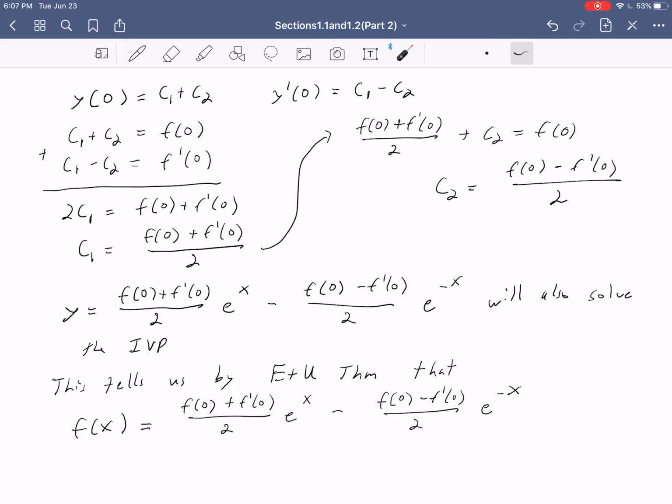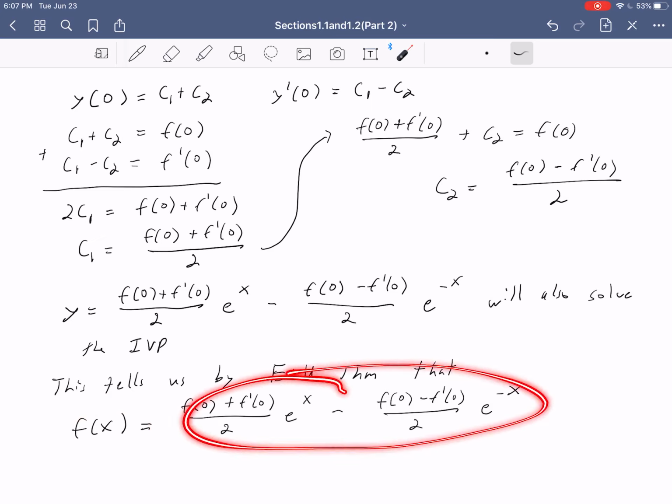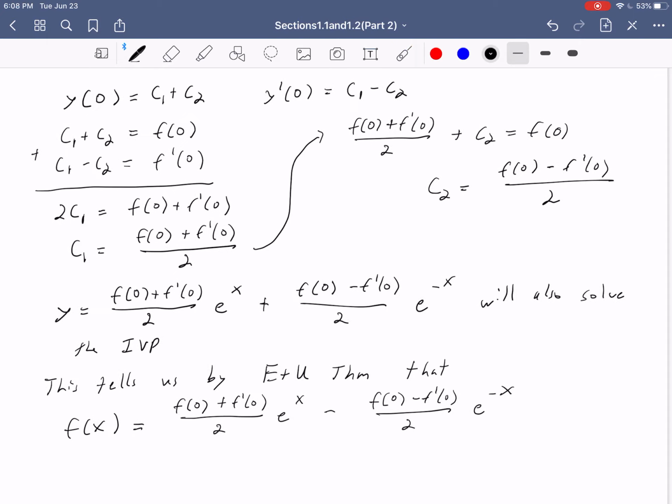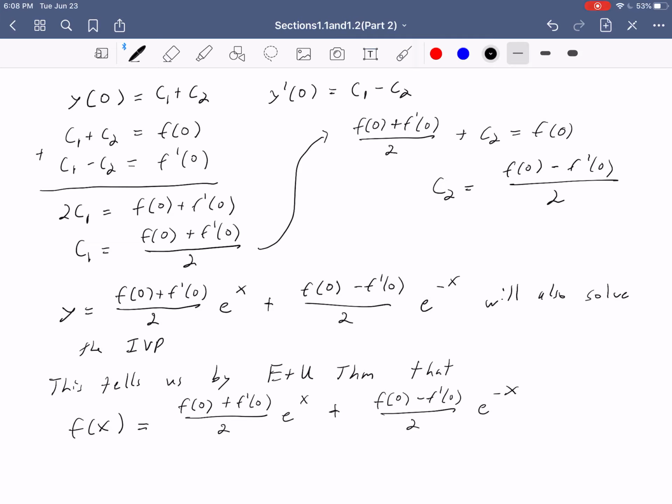Where C1 is this choice of constant and C2, oh, sorry, this should be a plus here, right, because it's just plus C2, and where C2 is this constant.